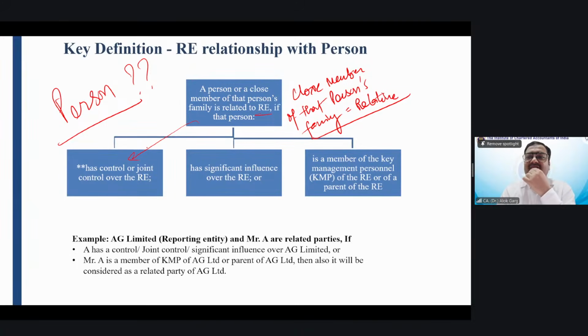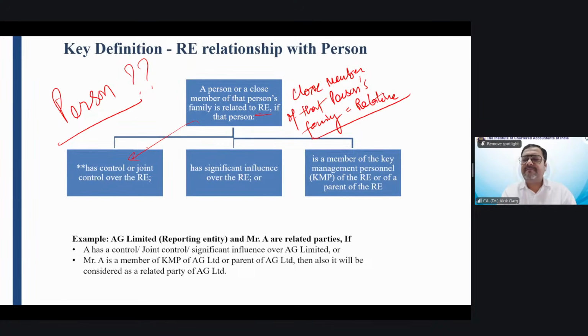Now, my dear friends, since Saminathan has acquired a 70% stake of ABC Limited, does Saminathan control ABC Limited? Yes or no? Yes. He has more than 50% stake. So Saminathan controls ABC Limited. Now, the question is, whether Saminathan is a related party to ABC Limited?